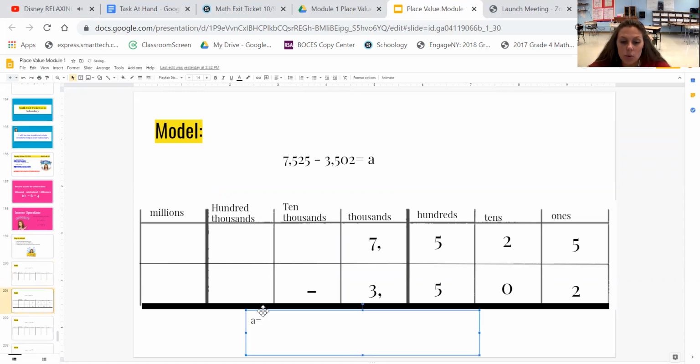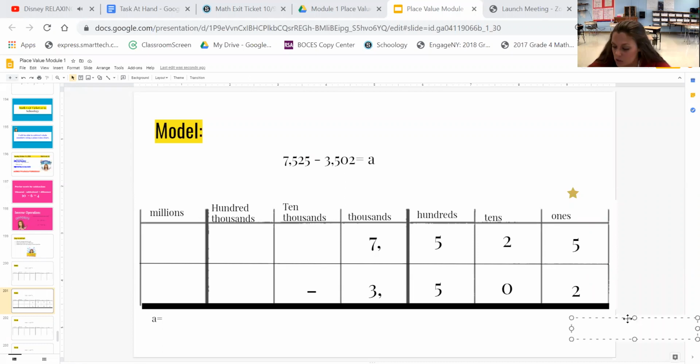So hopefully when you wrote this out, you realized that the largest place value we're dealing with is the thousands place. And remember, we always start in the ones place. So I'll begin with 5 minus 2. I know 5 minus 2 is 3. Next, I go to the next biggest place value, which is the tens place. 2 tens minus 0 is 2.